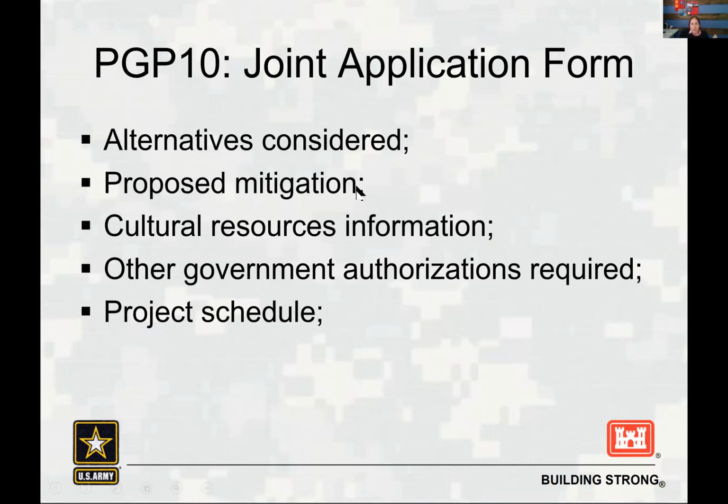Usually for small projects, if there's something that actually requires mitigation, it's not something that we would likely be able to approve under general permit number 10. However, if you are, for example, disturbing riparian vegetation, just make sure that you're putting information on how you're planning on restoring those impacts.